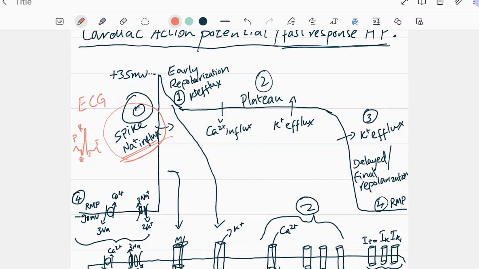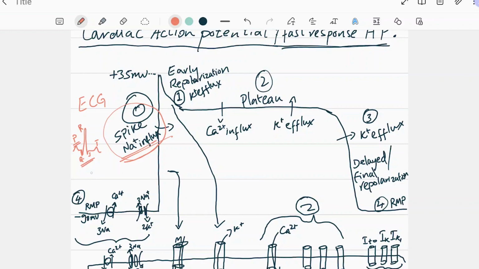So this P wave is due to atrial depolarization. This QRS complex is due to ventricular depolarization. So when we say that this is the P wave, that means the atria is undergoing phase 0 at that time. And QRS complex, when you see this, that means the ventricle, its different parts, are undergoing depolarization at that time.